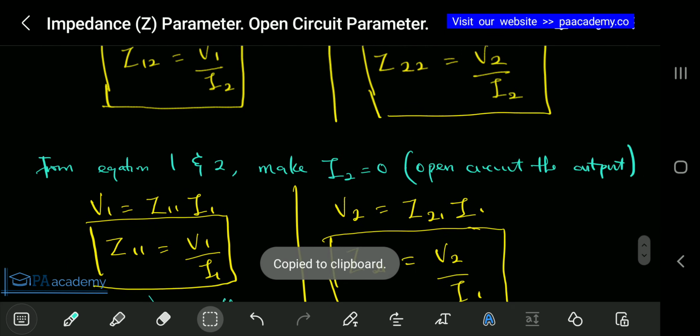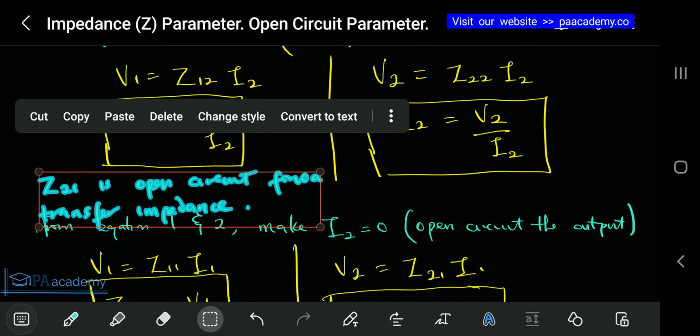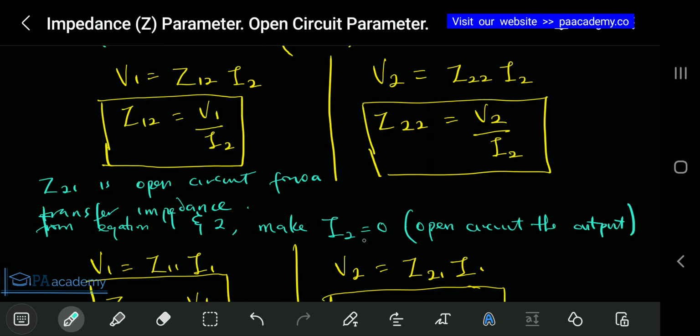Then for our Z12, so our Z12 will be, so let me just clean this. So our Z12 is the open circuit reverse transfer impedance.